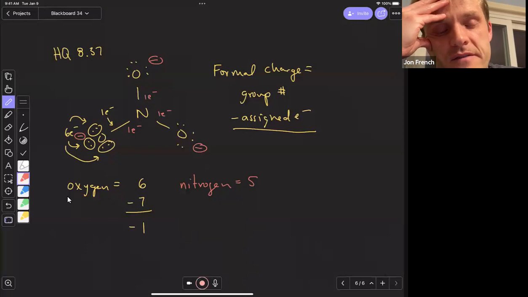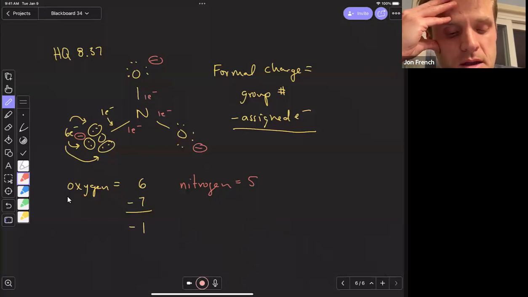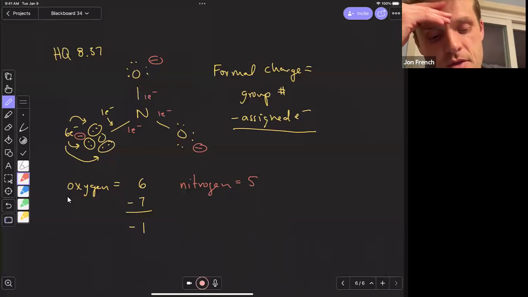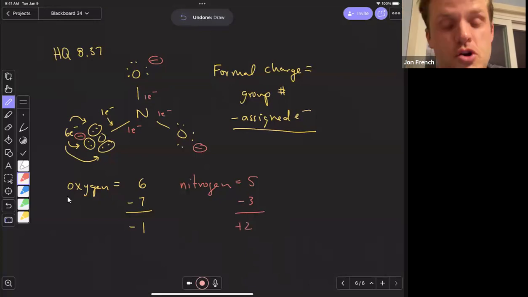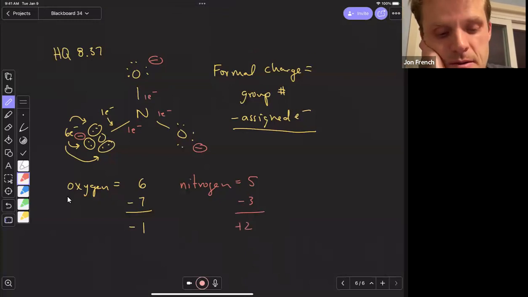So I actually didn't even have the initial charge correct. Basically, nitrogen as drawn in the Lewis structure has 3 assigned electrons. So 5 minus 3, the charge on nitrogen should be a 2+.